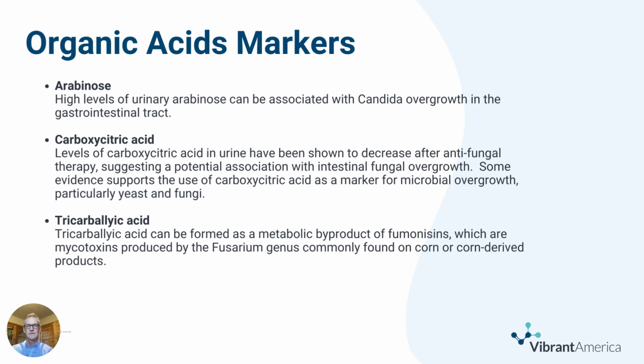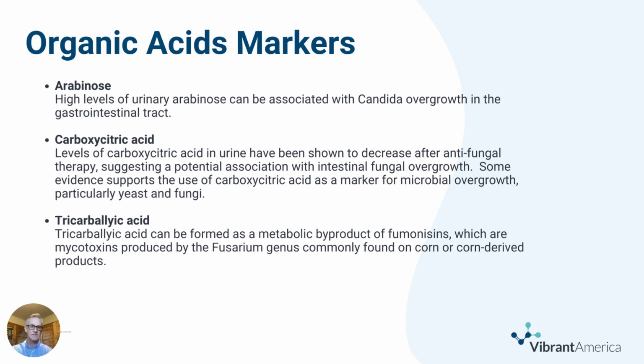Carboxycitric acid. This one is a little bit more of an amorphous marker, but nevertheless will be elevated with microbe overgrowth, especially yeast and/or fungi. And then tricarballylic acid, last one here, commonly with Fusarium. That is primarily found in corn and corn-derived products.